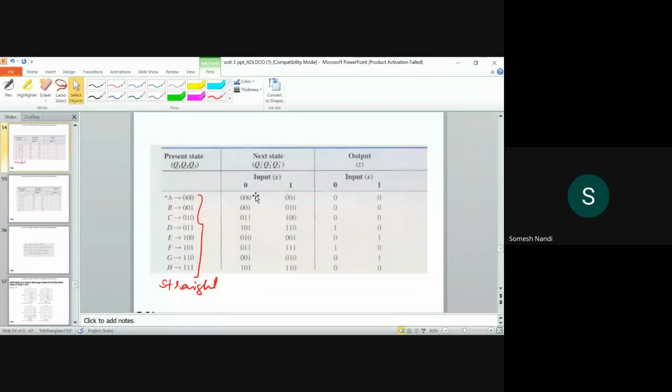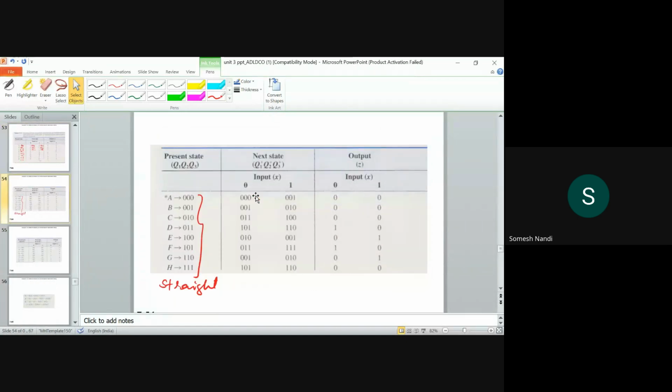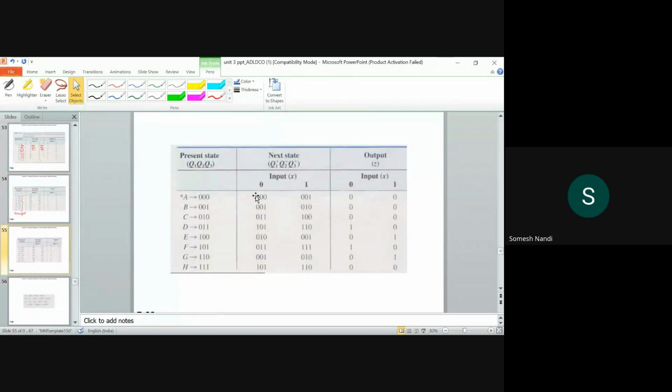See, this was your table 7.17A. This is your 7.17B. This is your 7.17C, transition table for state assignment after applying the rules or guidelines.